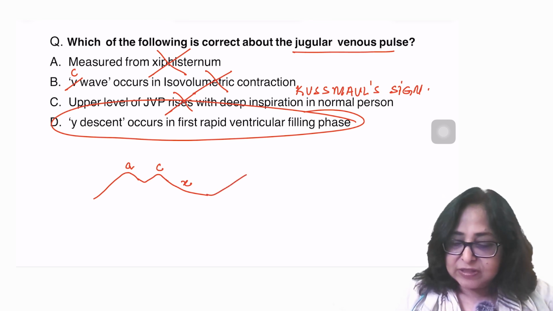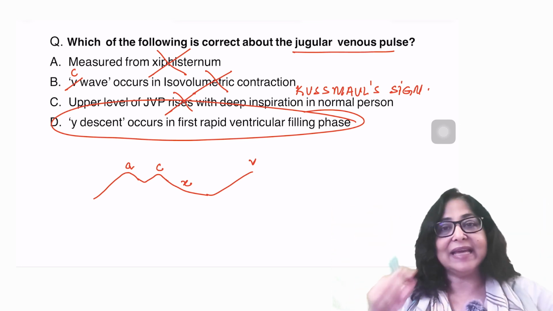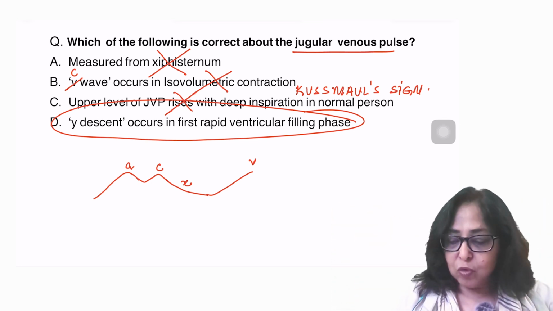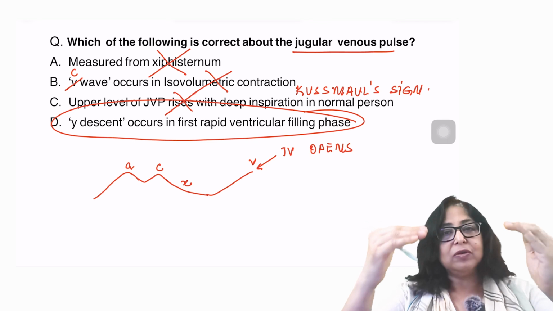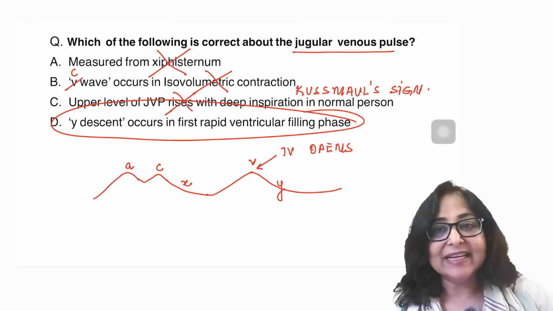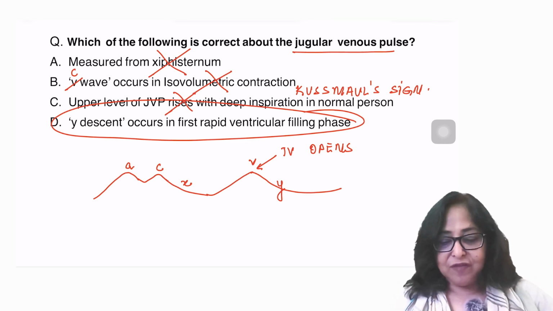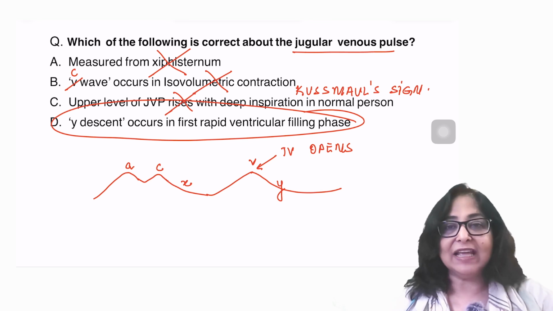Then another positive wave, which is the V wave, due to venous filling of the right atrium just before opening of the tricuspid valve. When the tricuspid valve opens, now the blood will flow from the right atrium into the right ventricle, and that gives rise to a negative wave, which is called the Y descent. So Y descent occurs in the first rapid ventricular filling phase.